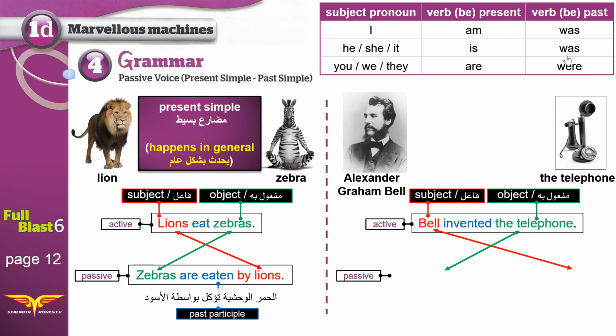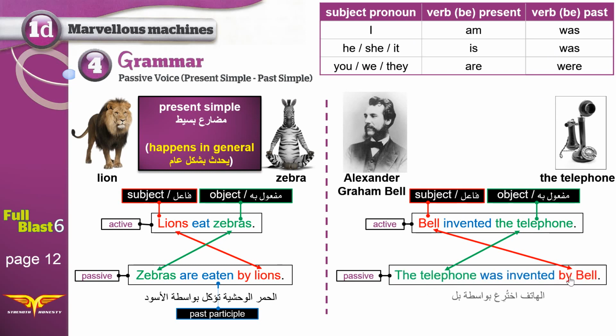Was also is the past of is. Were is the past of are. What will we use here? Was, or were? We are talking about the telephone. The telephone, it. It is the telephone. So we will use was. The telephone was invented by Bell. The telephone was invented by Bell.